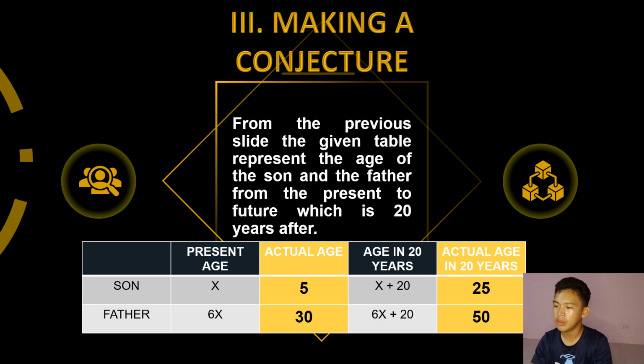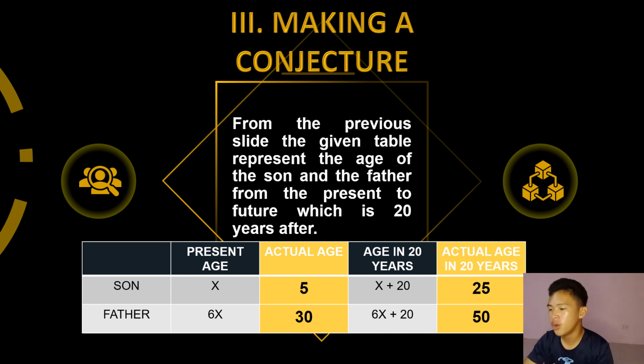So x would be 5. So 5 plus 20 is 25, and 6x would be 30, so 30 plus 20 is 50. So the actual ages in 20 years, of the son and the father, are 25 and 50.